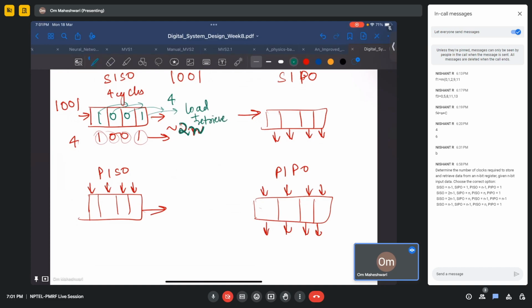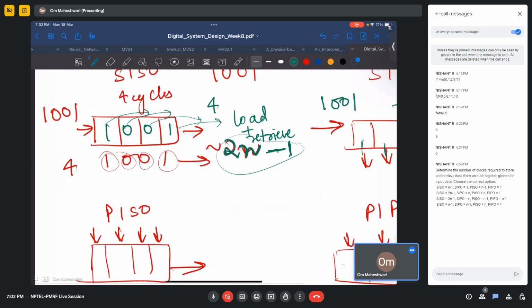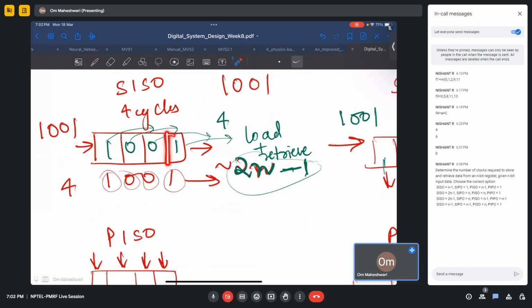For serial input, parallel output, you just need 4 cycles to load it. Retrieve can be done all at once, since all of these locations are accessible. They have written 2n minus 1. Why the minus 1? Let's say something is reading the serial output from the last memory block.